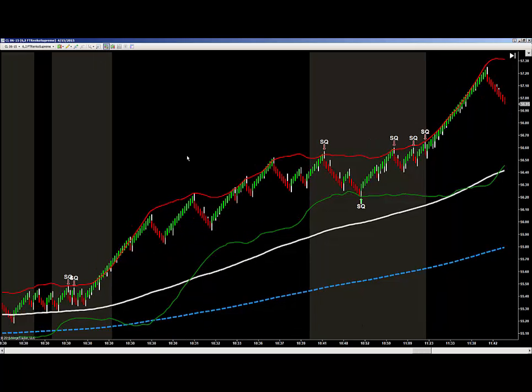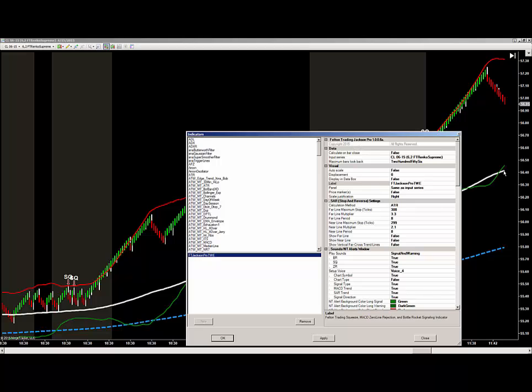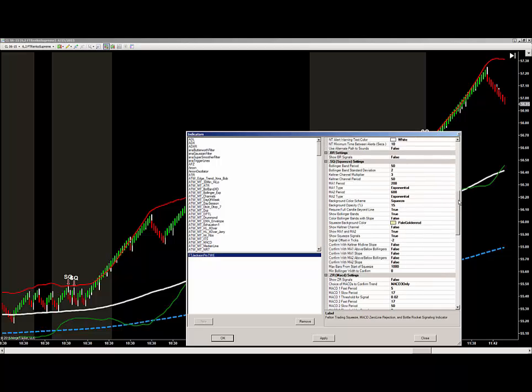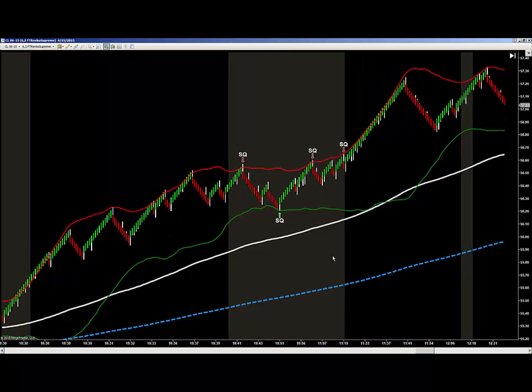So first thing let's do is let's just change that -2, which is going to show on a lot of these, make it a 0. So we're saying that it needs to at least touch the Bollinger Band. Okay, that's going to cut down on some of them.